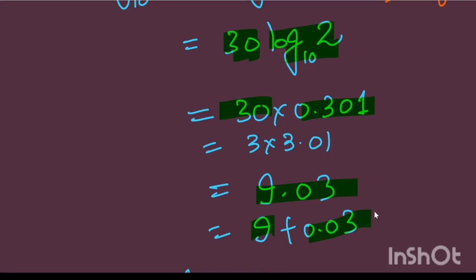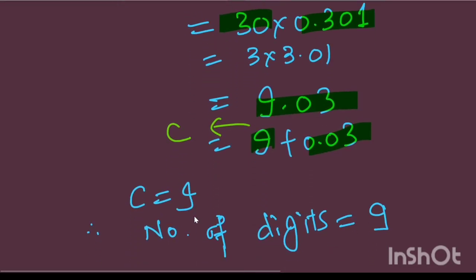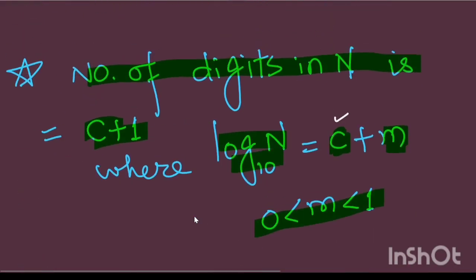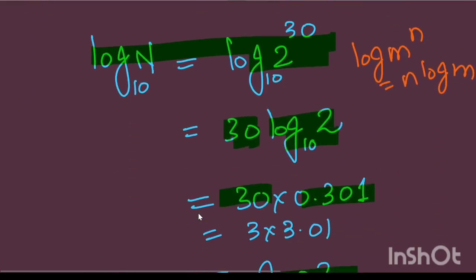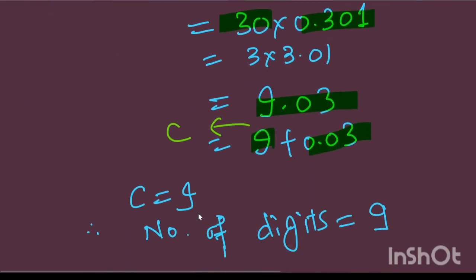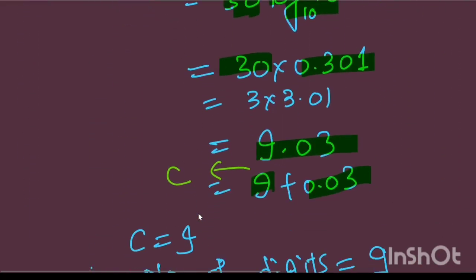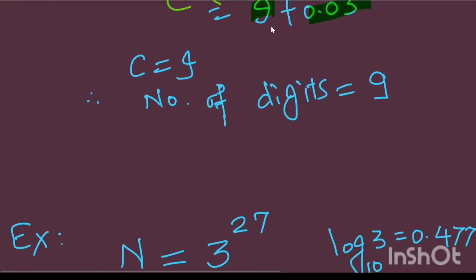So C is 9, guys. So the answer is C plus 1, which is 10. So the number of digits is 10.